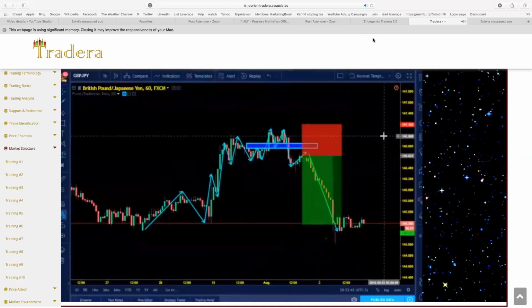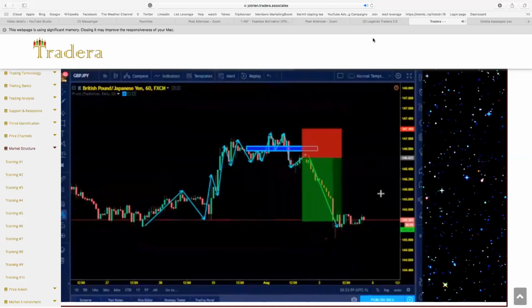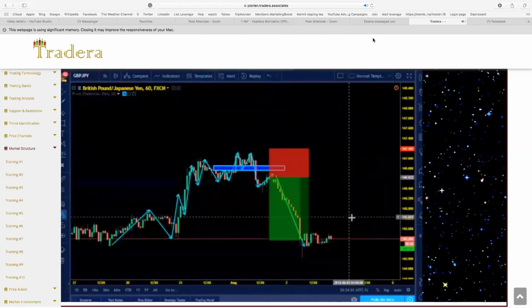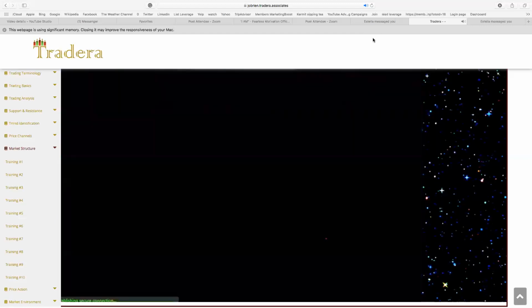The power of market structure. Guys, I promise y'all, this is just the beginning. This is the basic stuff. That's just it. I can show y'all something really complicated, but I don't need to. That's how you guys caught GJ last night during London. Okay? 125 pips there. Let's do it again.